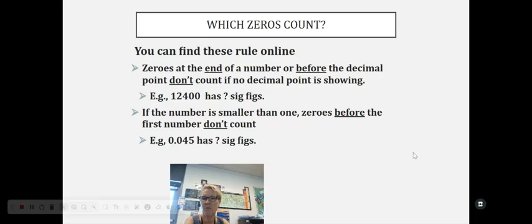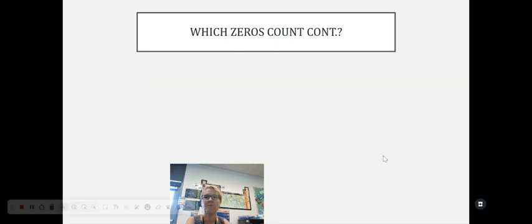In these two examples, the first one, 12400, has three significant figures. The zeros at the end are only placeholders. They are not actually significant to the lab equipment, so they're not reported as sig figs. Here, the same: only two, the 4 and the 5.